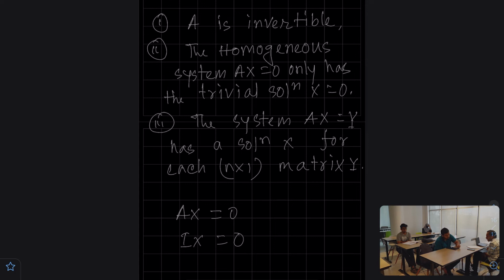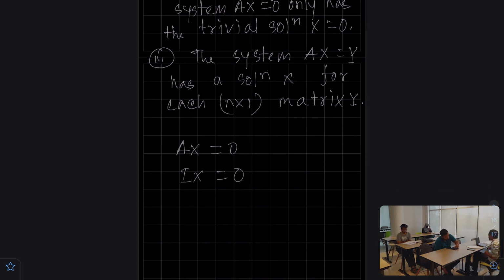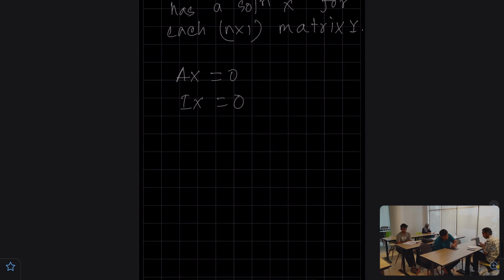Okay. Now, for the third case, the system Ax equal to y has a solution x for each n cross 1 matrix y. So let's start with this.